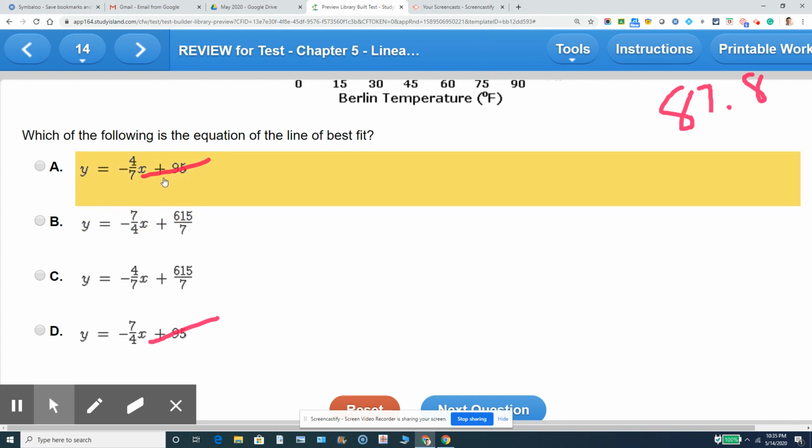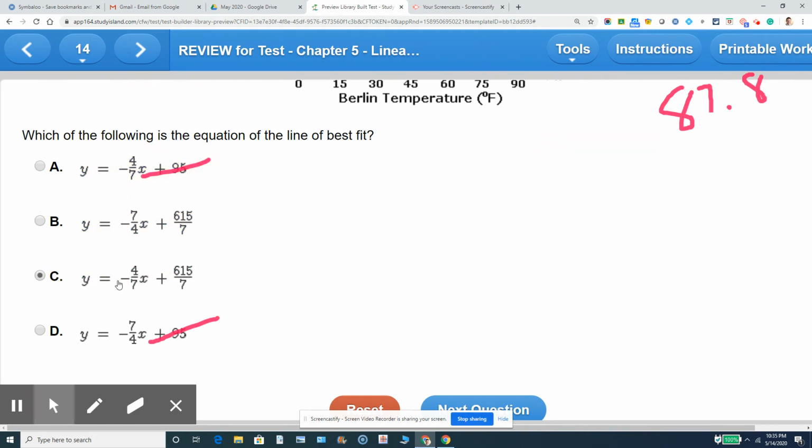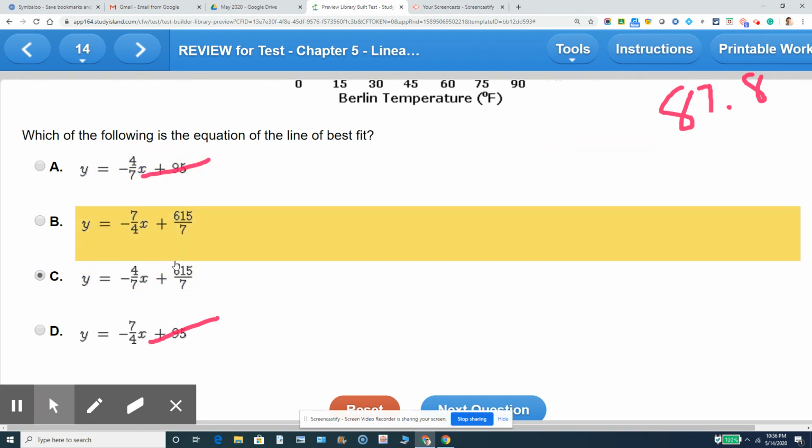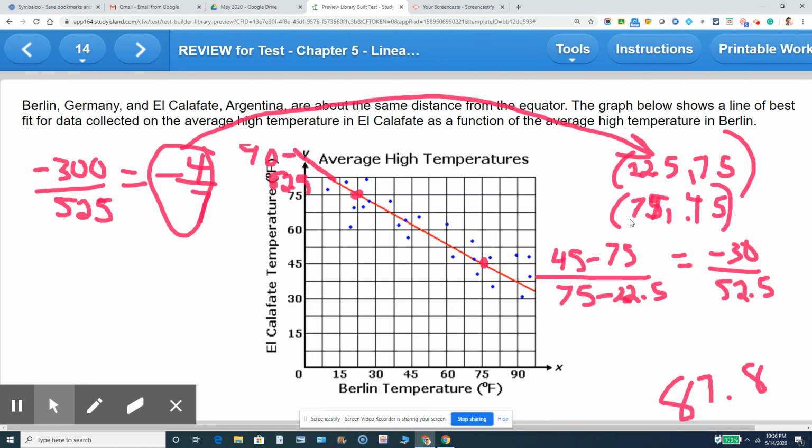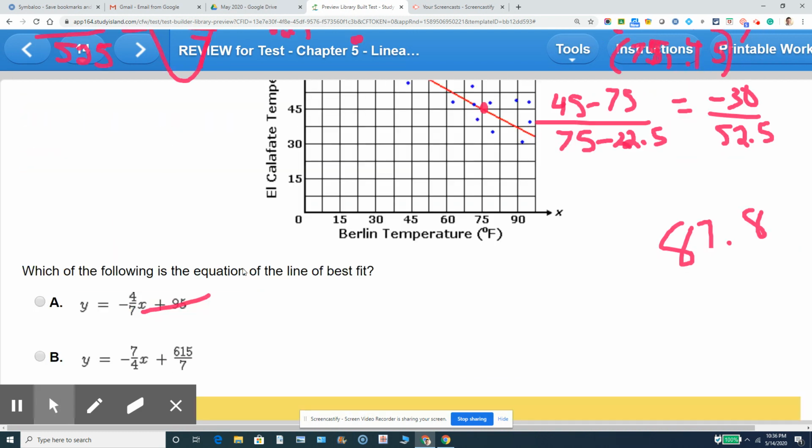So it actually has to be A or C, and we already eliminated A. So it is C. But again, if you want to get that 615 over 7 exactly, you could just take this slope and one of these points and plug them into point slope form. And if you did your math right with the fractions, if you want to use fractions to be exact, you would get 615 over 7. Okay? I did it actually with a student in the extra help session at 1 p.m. So that would be your answer then is C.